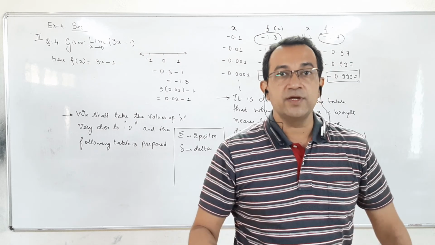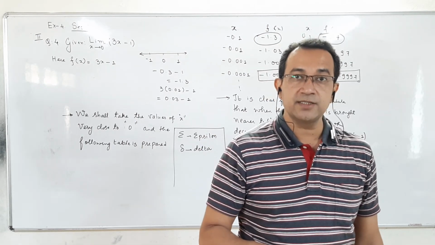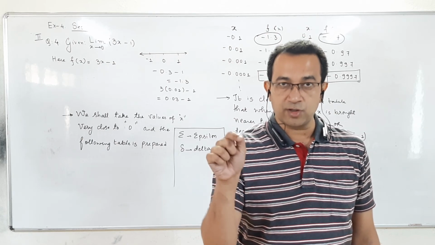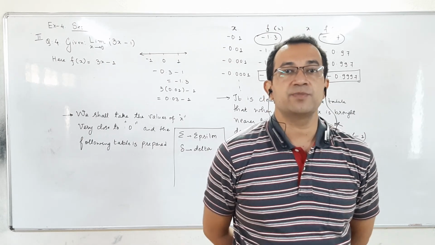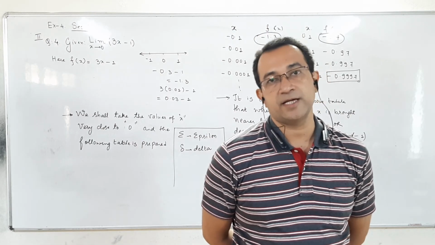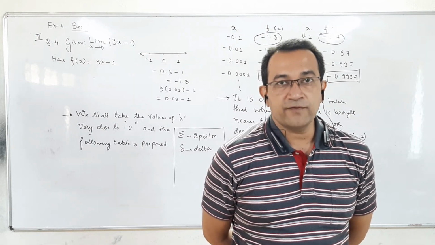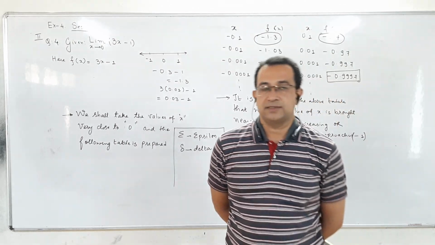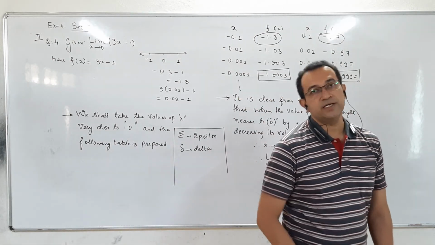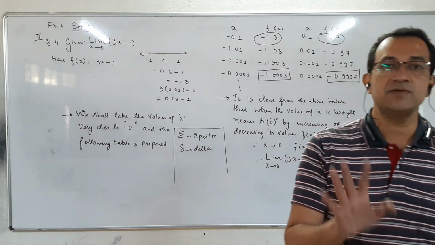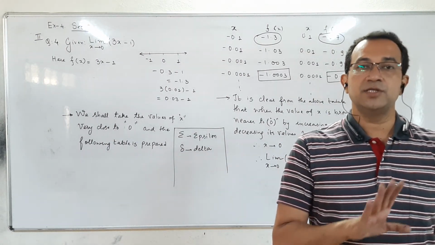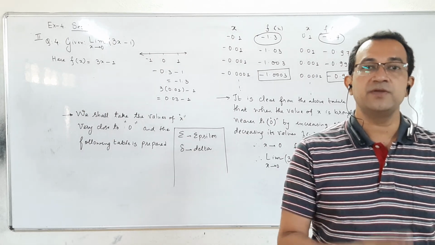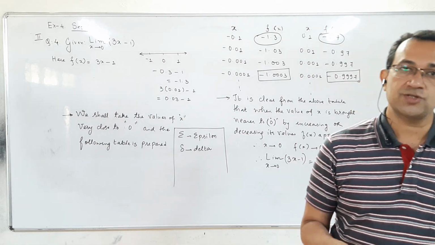However small, we can find a corresponding delta greater than 0 such that mod f of x minus L less than epsilon for all x such that mod x minus a less than delta. So for f of x, the delta is epsilon, and for a, the delta is delta itself. So don't worry students, even if you have not understood, this definition has no implication in the sum. Simply we have to learn the definition.